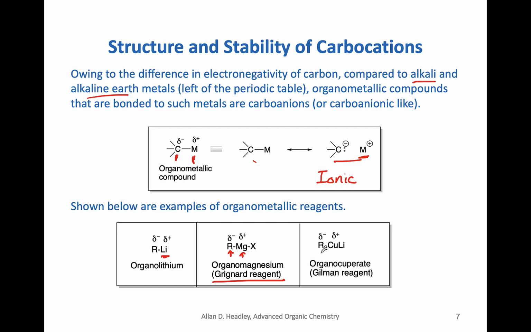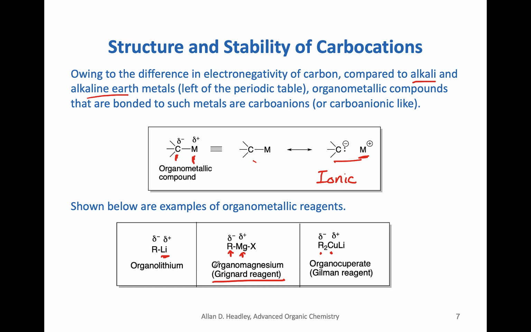This time the carbon is bonded to copper, and you'll see from your periodic table that copper is in the transition metals, which is much closer to carbon but still more electropositive than carbon. In other words, carbon is more electronegative than copper, so you'd expect this bond to be even less ionic and more polar covalent compared to your Grignard and your organolithium.